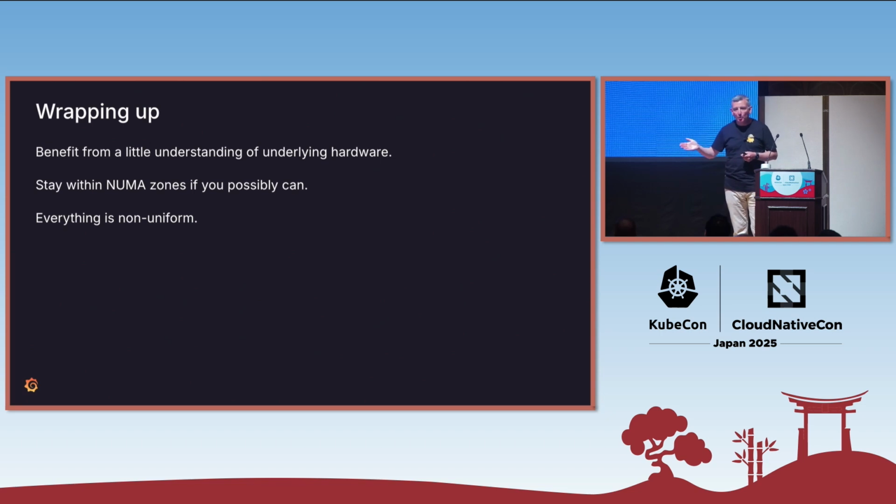Everything is non-uniform. Not just the memory, the caches, the core itself. If you have hyperthreading, we talk about noisy neighbor programs where you're running next to a very busy, expensive program, or sometimes the noisy neighbor is you, and that's what happened to us in the incident.